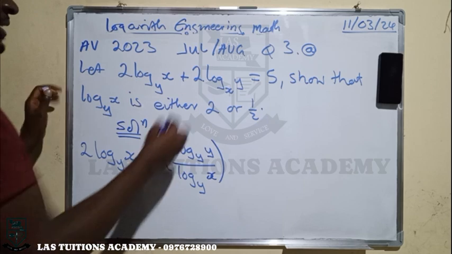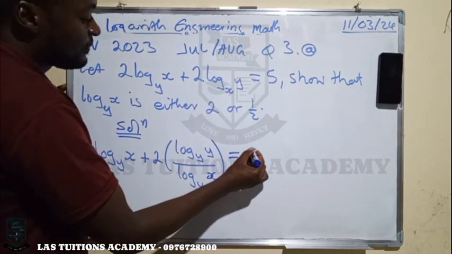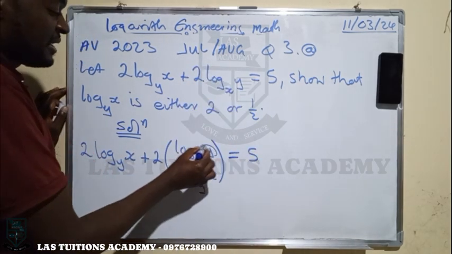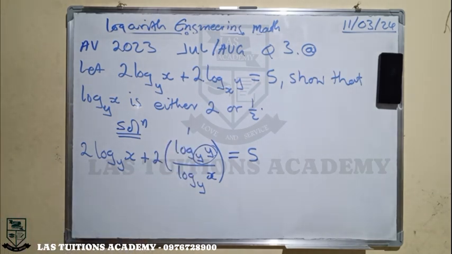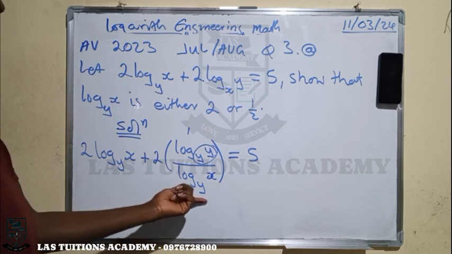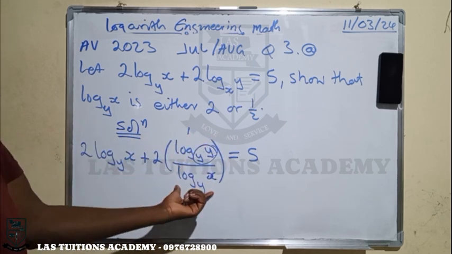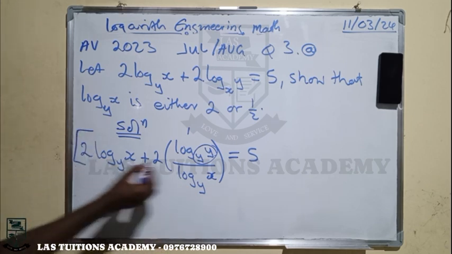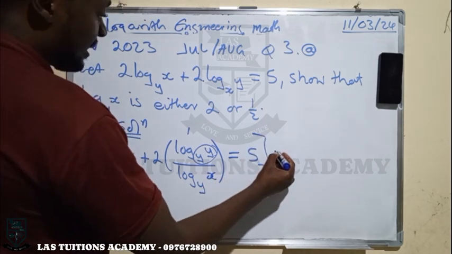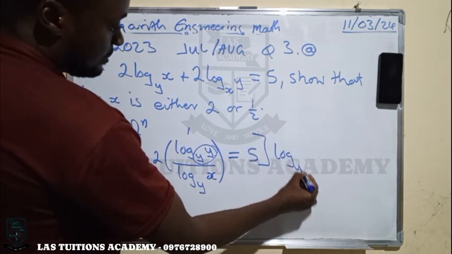Then now I'm saying this is equal to 5. Remember this gives us a 1 on top here. Then because this is in the denominator, we can multiply throughout by this so that we can remove it from the denominator. So we can multiply throughout by log x.